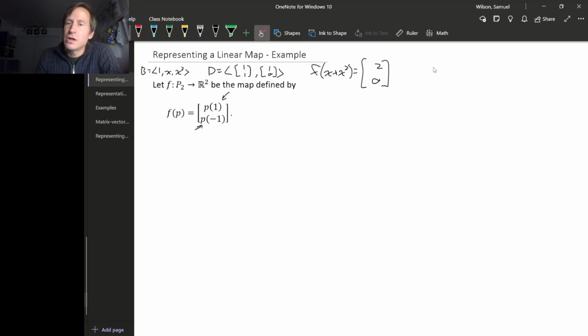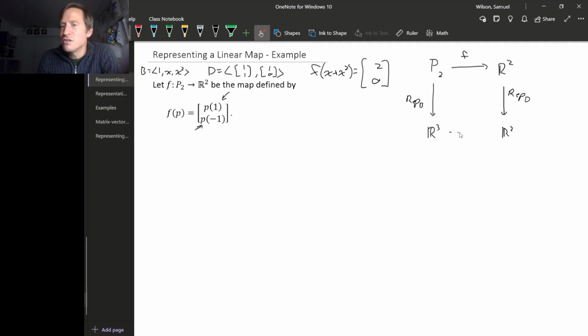Now keep in mind as we do this that we have this function going from P2 to R2. We have P2, with an isomorphism with R3 that's given by rep B. And for R2, we have an isomorphism of R2 with R2 given by rep D. Okay?